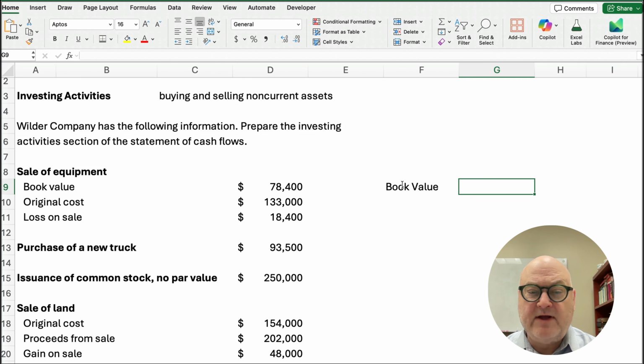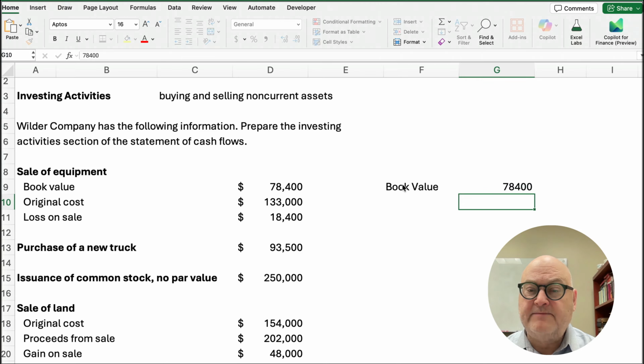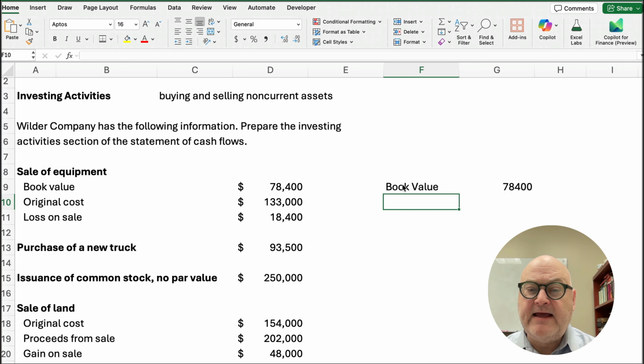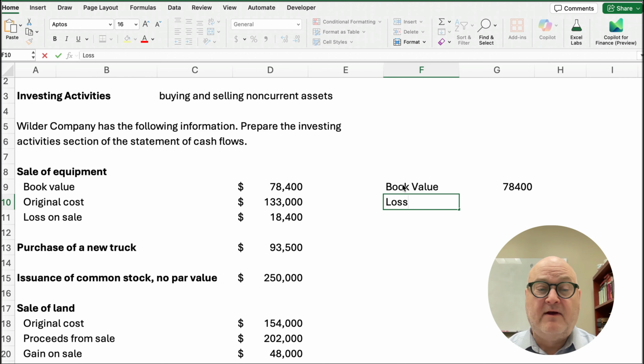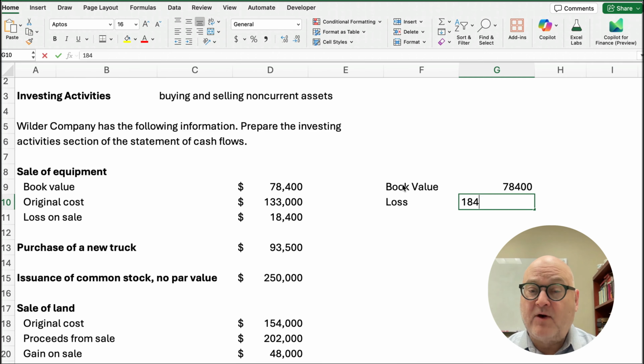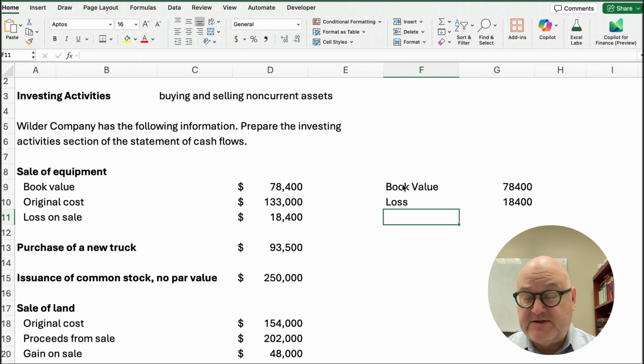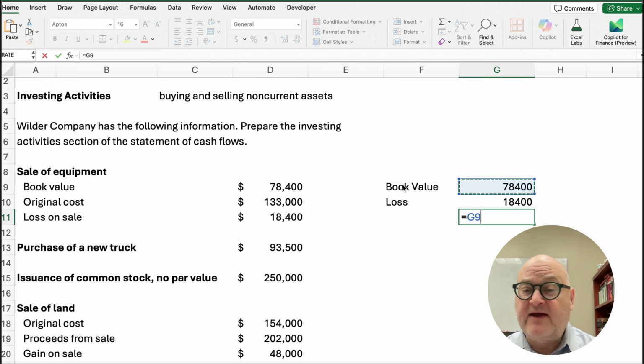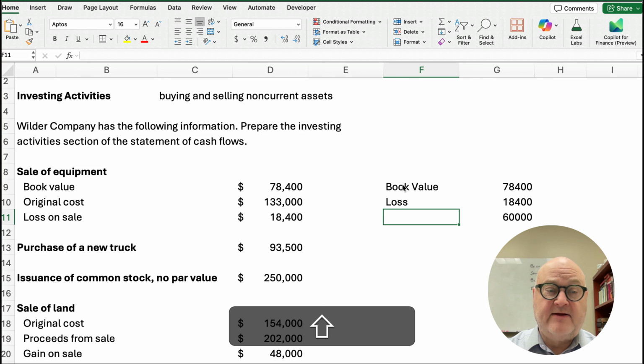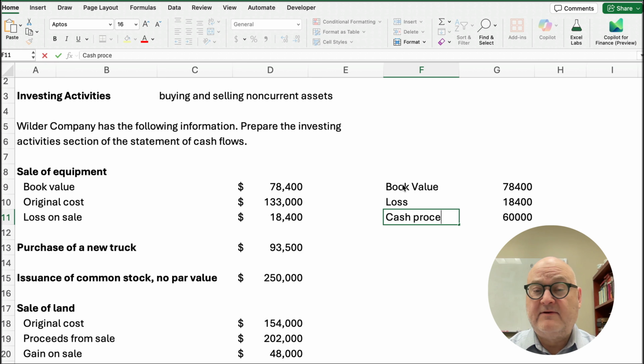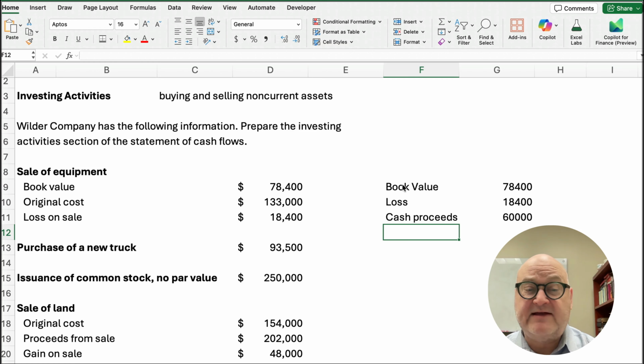Our book value is $78,400, okay? And we have a proceed. We sold it for something, but we have a loss of $18,400. So if we just do the math, 78 minus the 18, the cash proceeds must be 60,000.